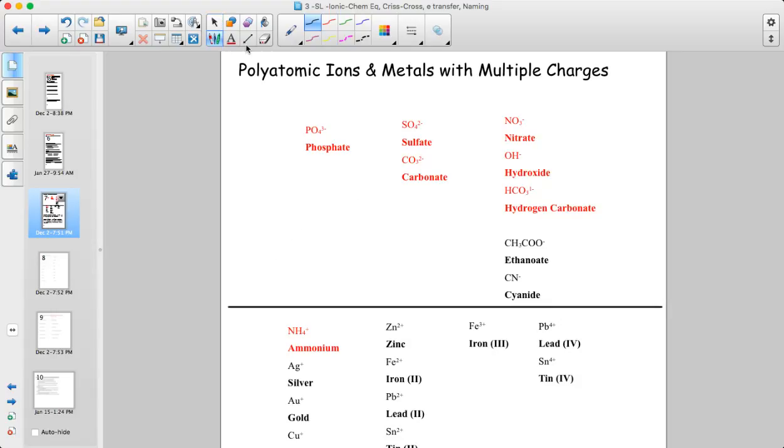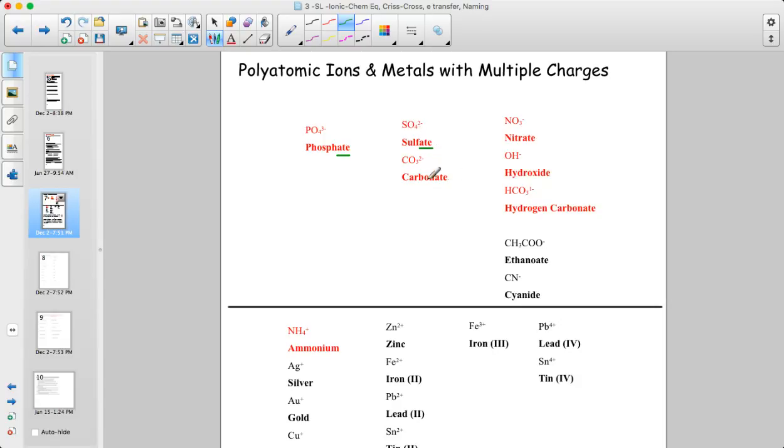A couple things to point out. First off, notice that these ions tend to be a nonmetal with a bunch of oxygen, and the ones you need to know really end in "ate." So instead of phosphide, when phosphorus is with a bunch of oxygen as an ion, it's called phosphate. When sulfur is with a bunch of oxygen as an ion, it's called sulfate.